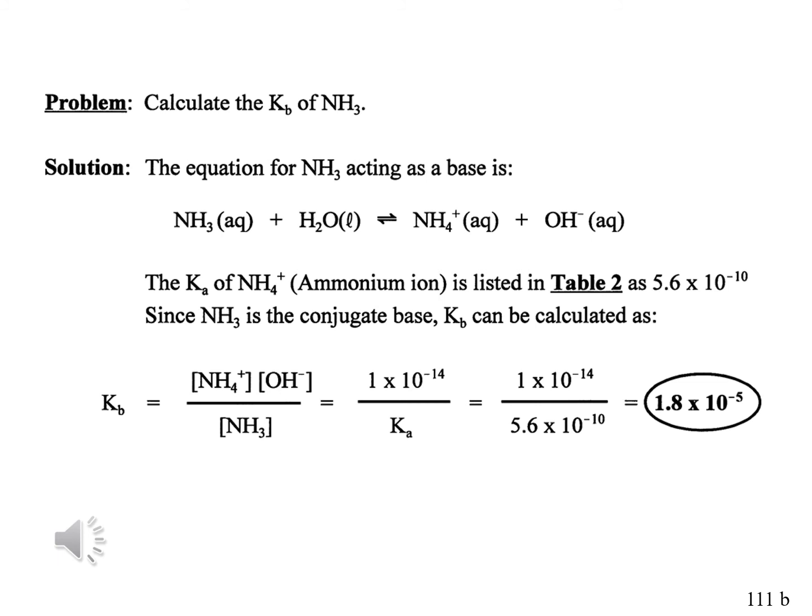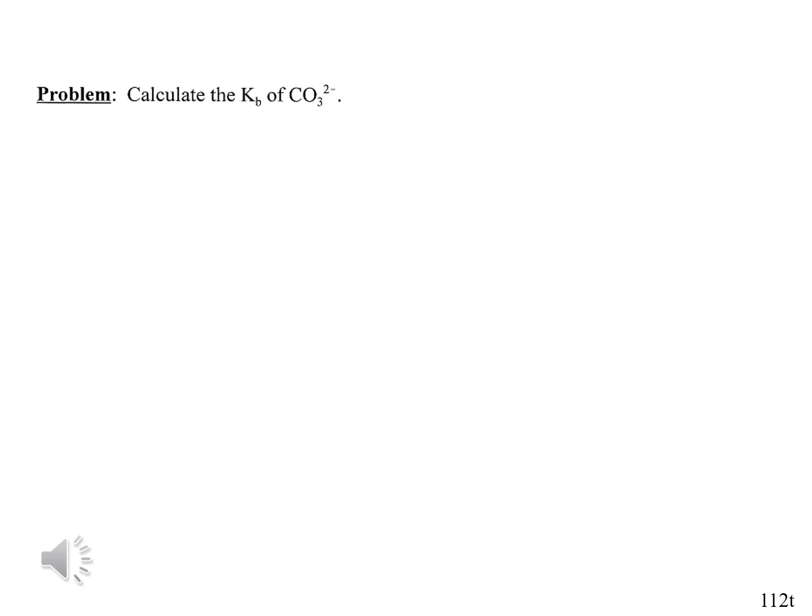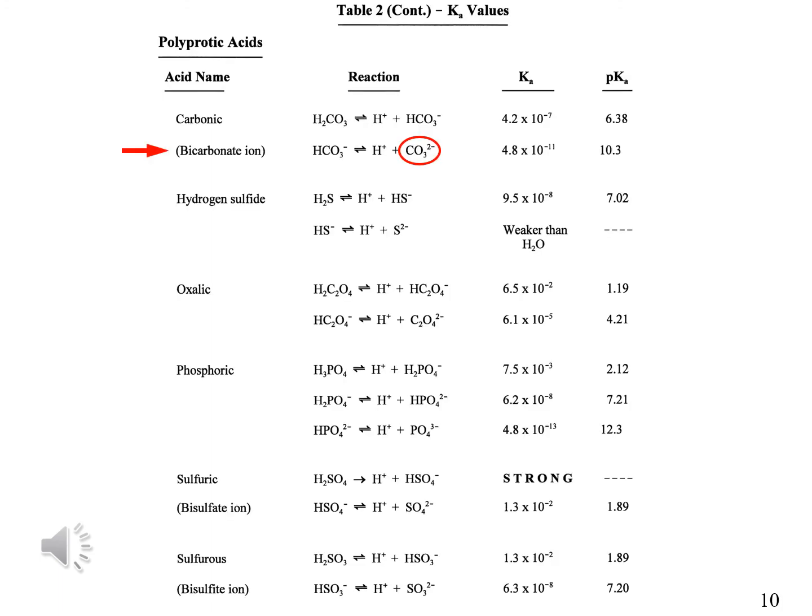Now I want to calculate the Kb of carbonate, CO3 2-. And this one can be a problem because you're only supposed to add 1 H+, if you remember. The place where CO3 is on the right of the arrows, so it's a base, but you notice that it's in the second step for the carbonic acid. So when you get the Kb, you want to use the Ka2, not the Ka1, because carbonate is in the second step.